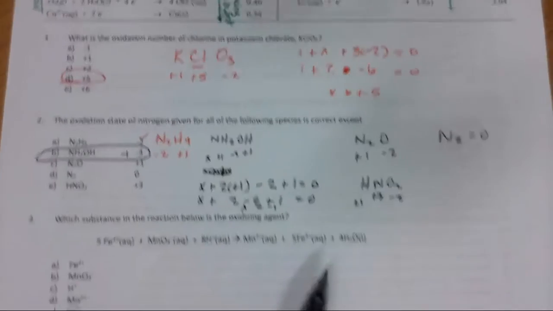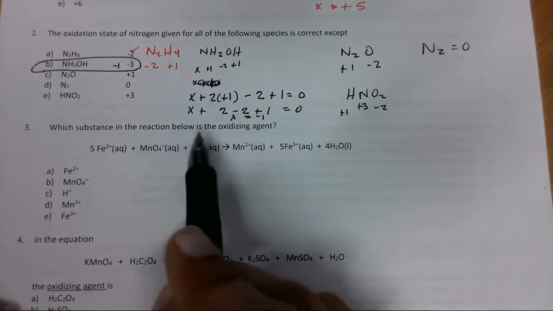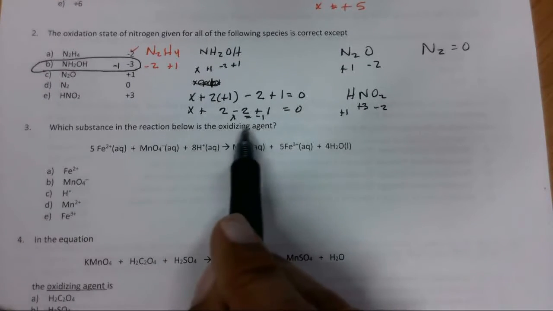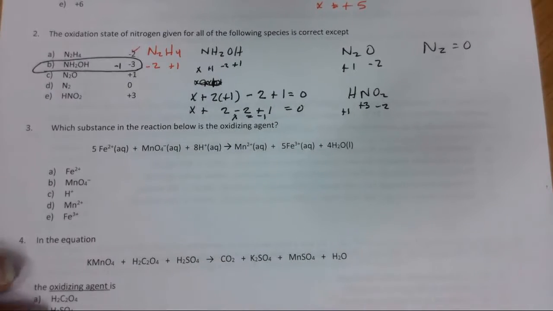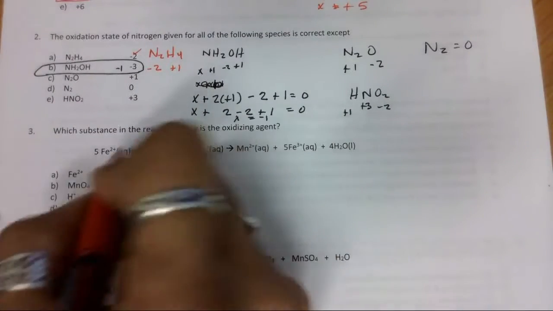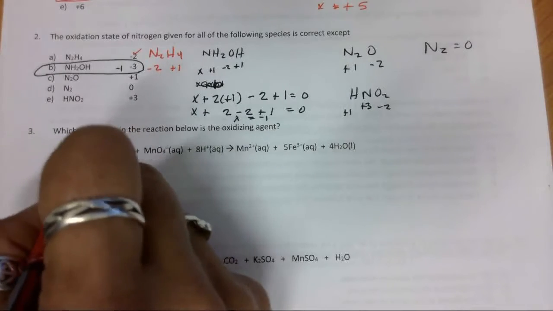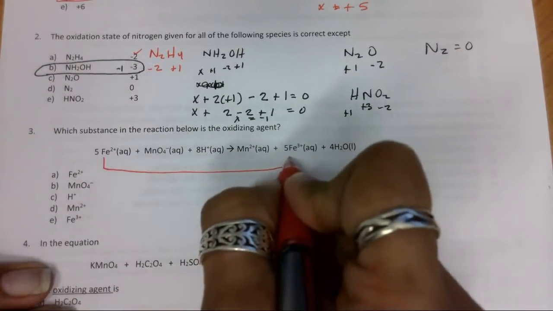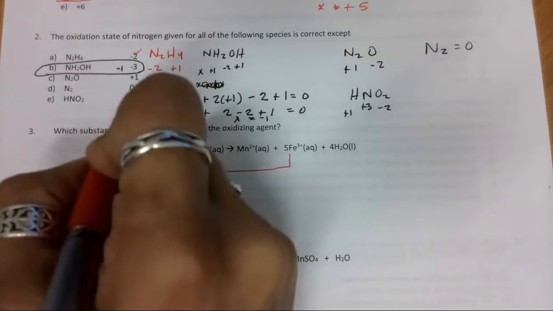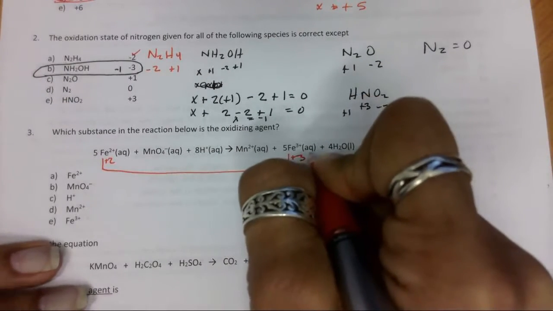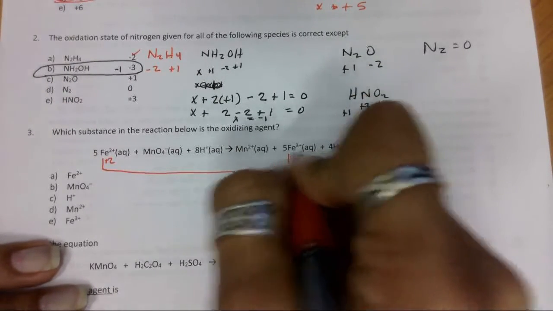All right, so now we have, which substance in the reaction below is the oxidizing agent? So what do we do here? We say, well, let's see. We're going to take this Fe2+ over here to the Fe3+. And what's happening? I've got a plus 2 going to a plus 3. And is that a gain or loss in electrons?